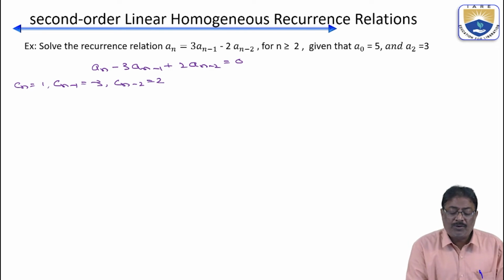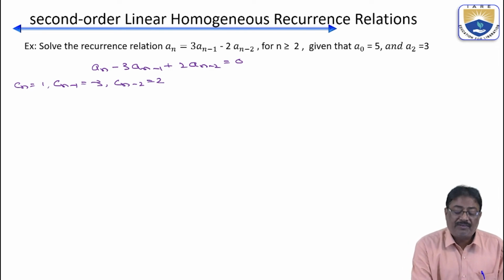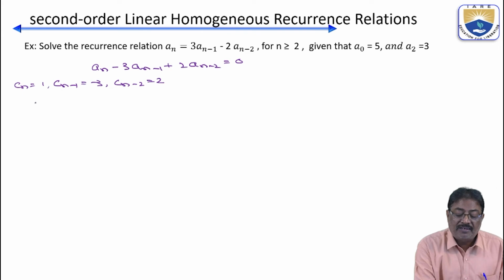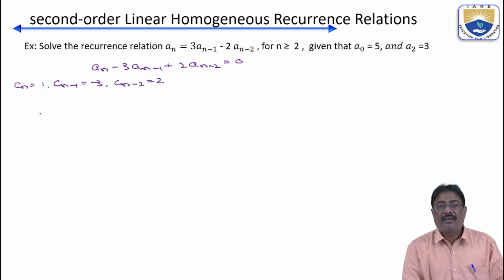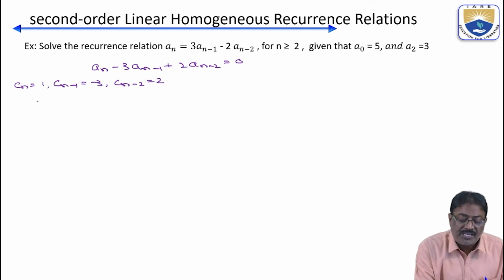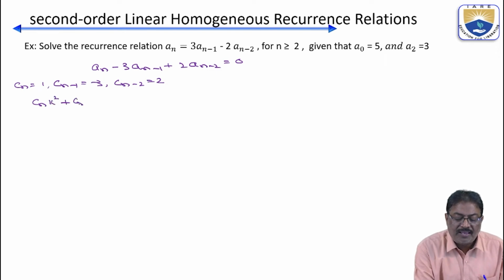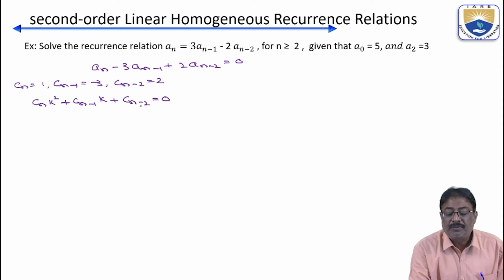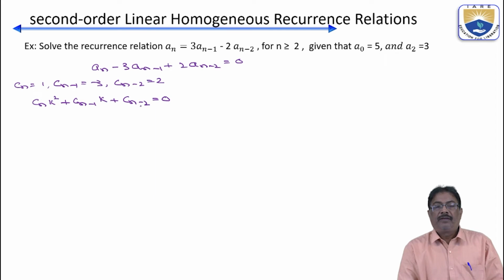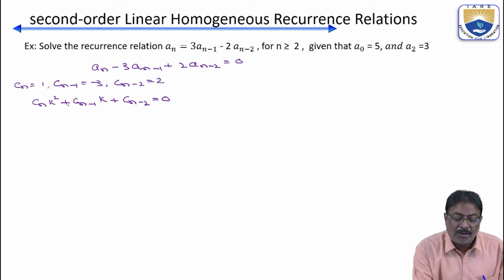Now the auxiliary equation is, taking An as k to the power of n, Cn k square plus Cn minus 1 k plus Cn minus 2 equals 0. So this is the auxiliary equation. Now I am going to substitute.